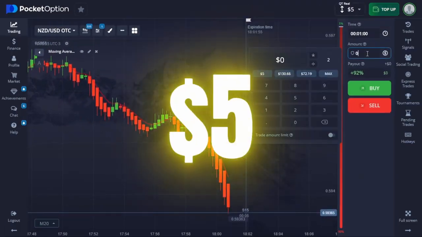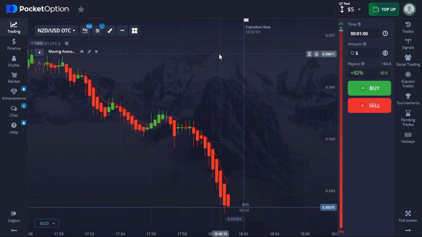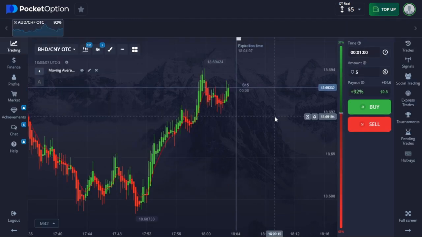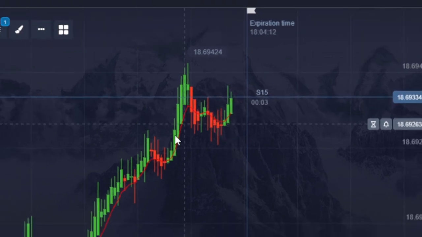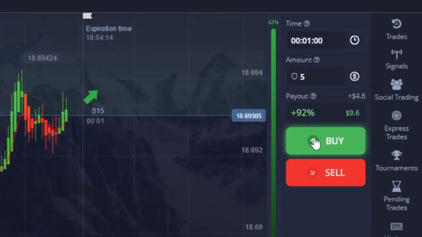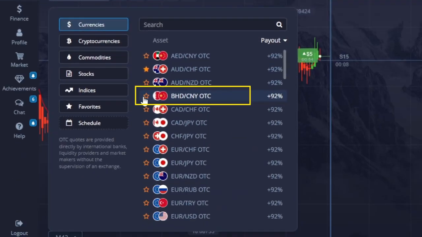I start with a small amount, $5, to see how this new setting performs. Here we have a possible entry. Right now I see 2 green candles above the average, indicating an uptrend, so I will enter a bullish position for 1 minute using 15 seconds.